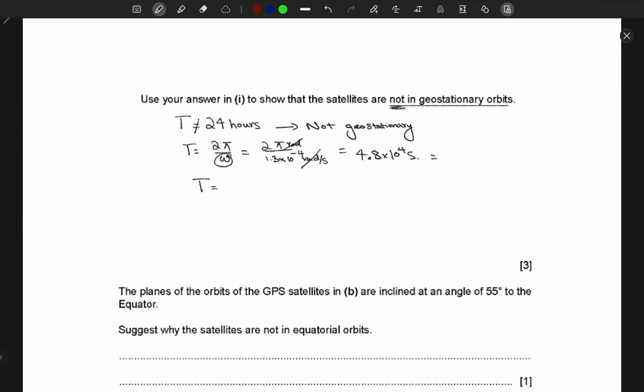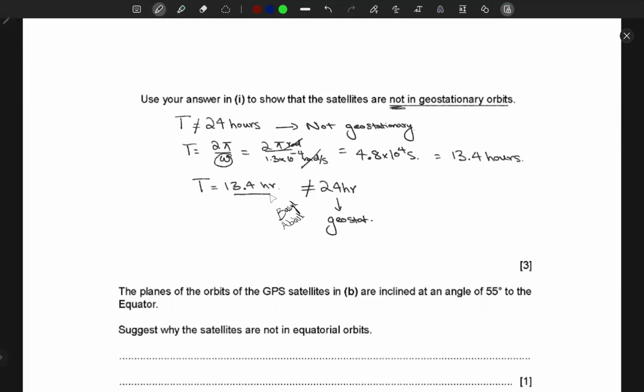If I convert this into hours, you'll divide this by 60, and then again by 60, so you'll get 13.4 hours, right? Now the time period for this satellite is 13.4 hours, which is obviously not equal to 24 hours. 24 hours is defined as geostationary.